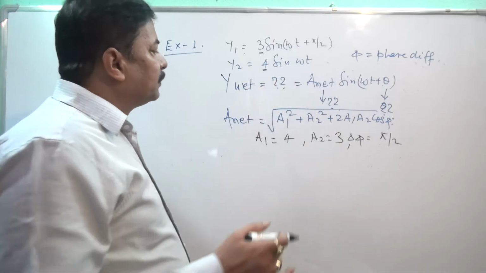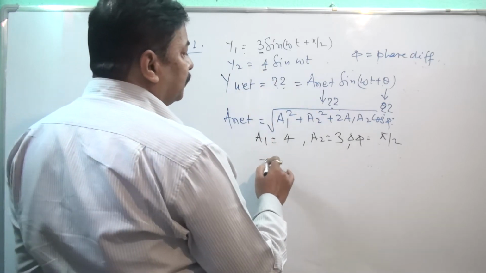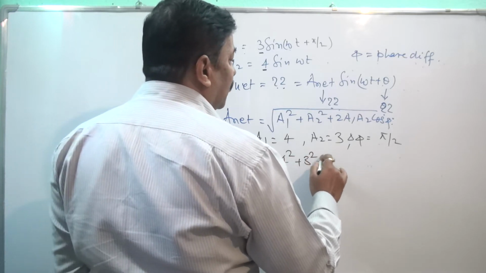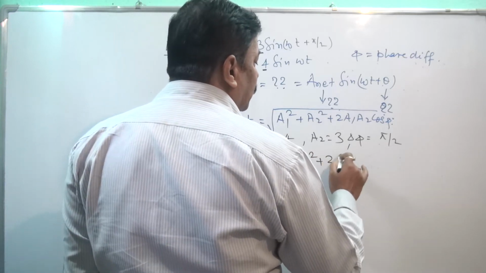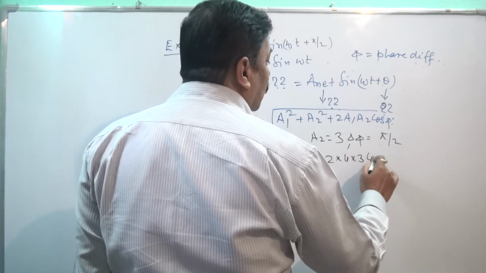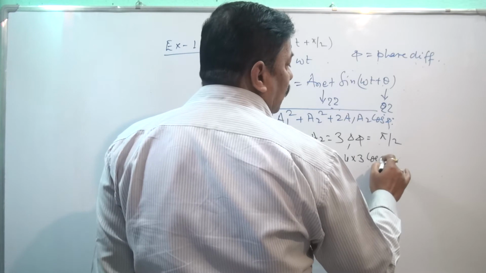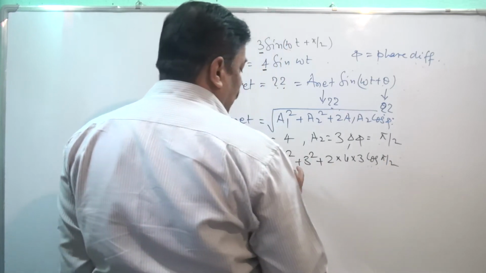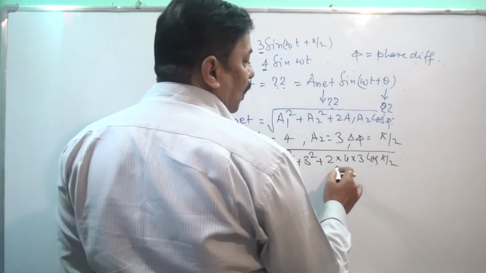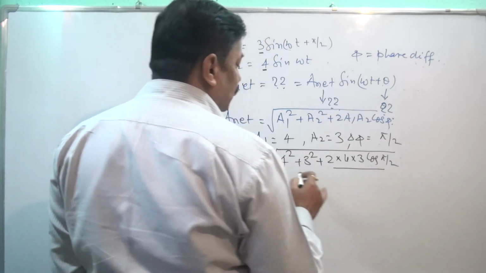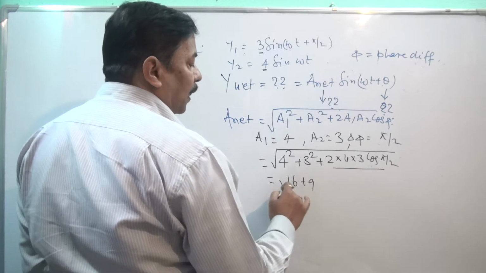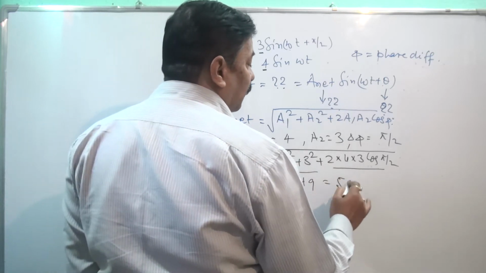Now the problem becomes simple. A net we can write as under root 4 square plus 3 square plus 2 into 4 into 3 and cos phi, which is cos pi by 2. So this term becomes 0, 4 4s are 16 plus 9 under root, and this gives you 5.